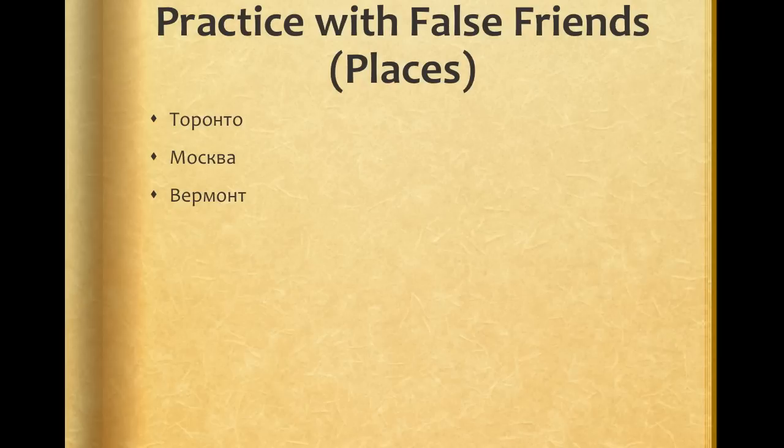Vermont. Good. This is a city in Canada. Vancouver. Good. This is a city in Russia we already talked about. Rostov. Okay, how about this one?